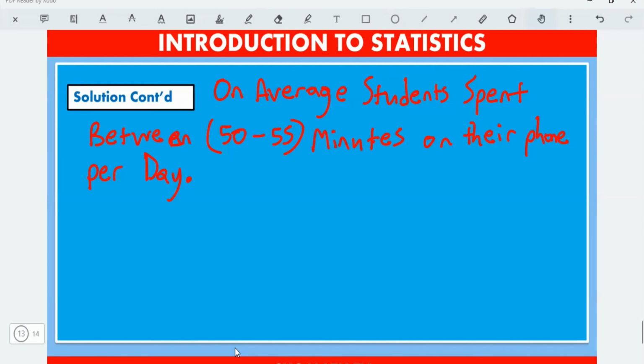Remember that standard deviation is a measure of how much each value deviates from the mean.